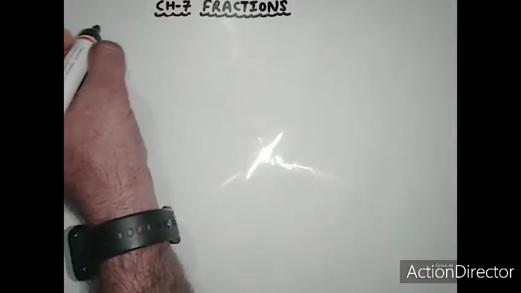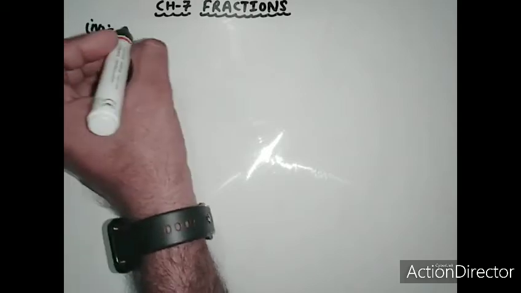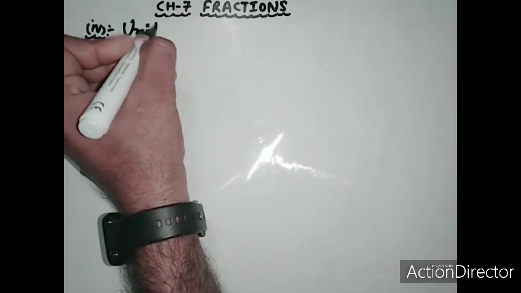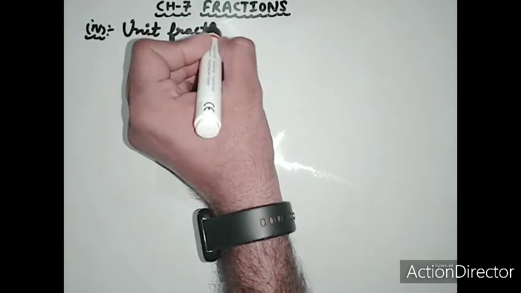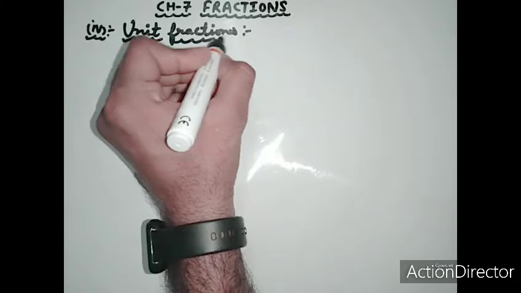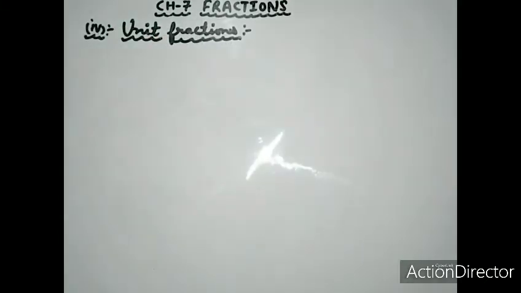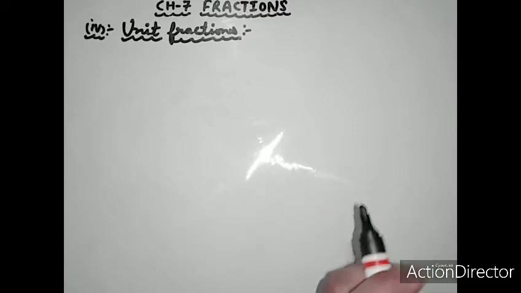Now the fourth type of fraction is the unit fraction. So what is a unit fraction? A fraction whose numerator is 1 and the denominator is greater than 1 is called a unit fraction.